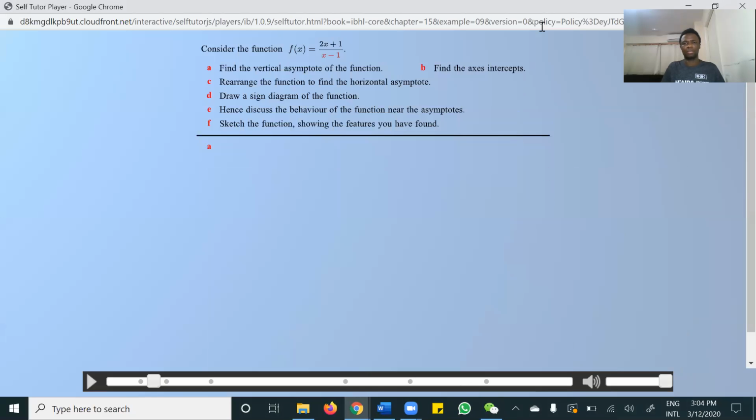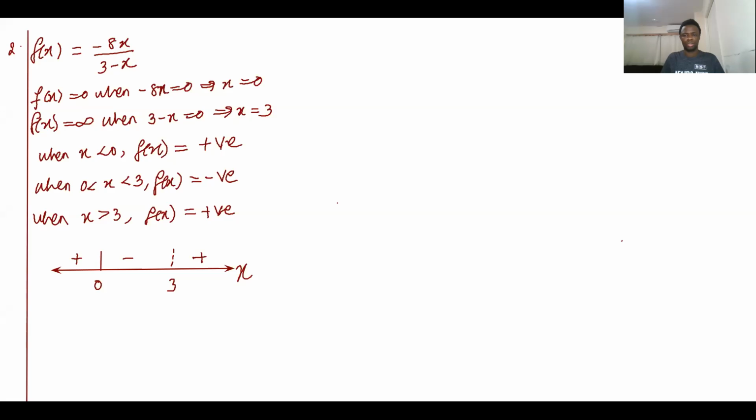Sorry about that. Unfortunately, that doesn't work as expected. Okay, so let's take from this book. So from the book again, here it is.